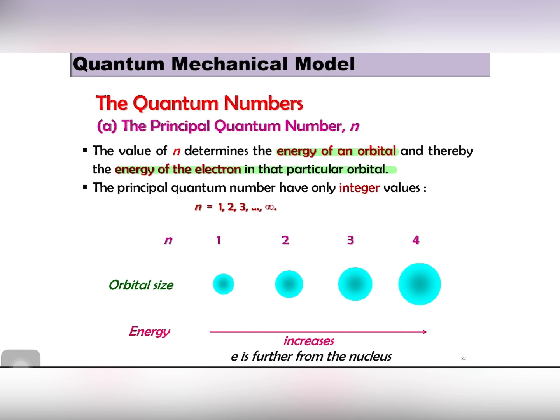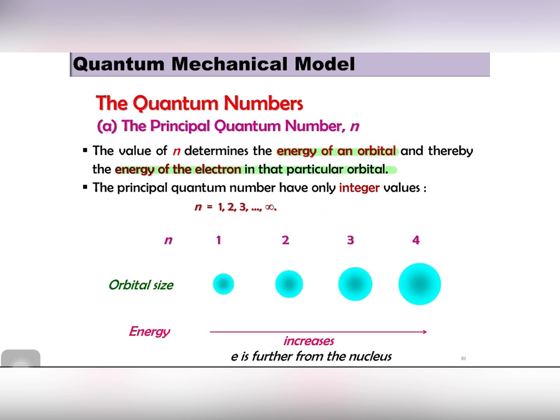Okay, so N ni kita dah jumpa before this. N tu adalah the energy level ataupun petala lah yang kita dah belajar before this. The principal quantum number will only have integer value. So maksudnya dia bermula daripada 1, 2, 3, 4, 5 and so on lah.